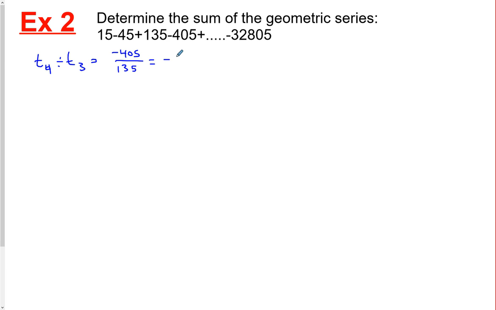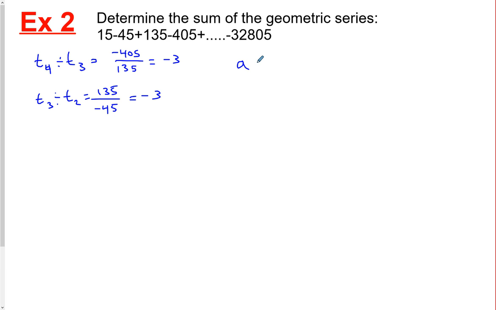And that's negative 3. Our third term divided by our second term is 135 divided by negative 45. That's also negative 3. So it looks like our r value, our common ratio, is negative 3. It's getting multiplied by 3 each time, but the sign is flipping, which means it's actually getting multiplied by negative 3. So let's see what we know.